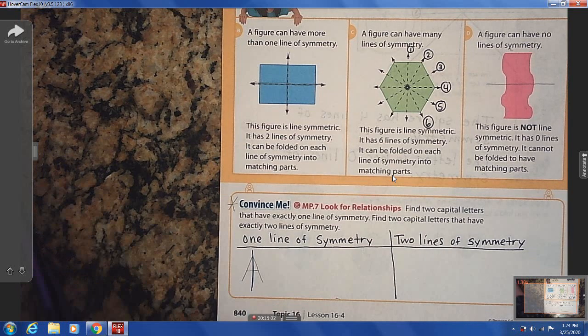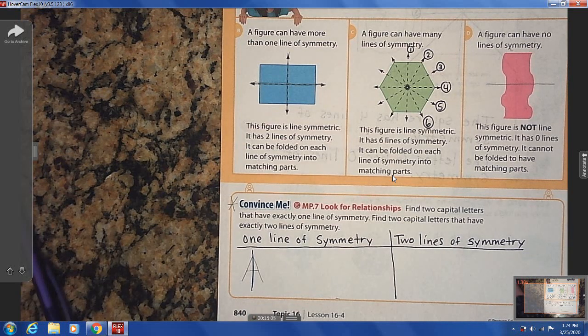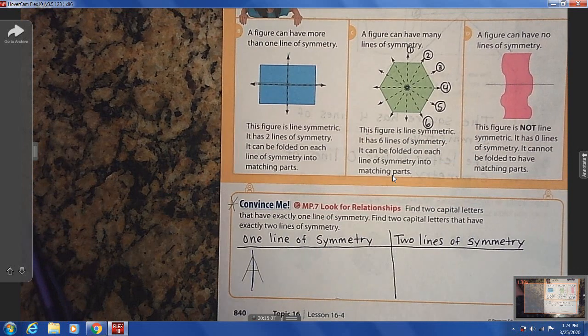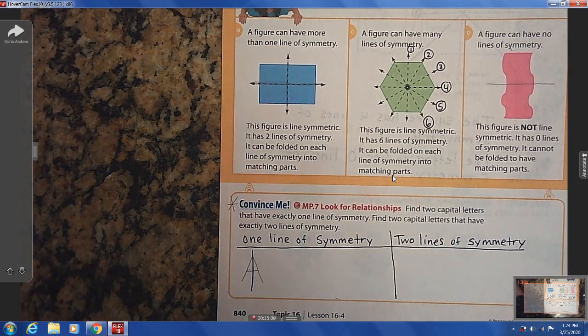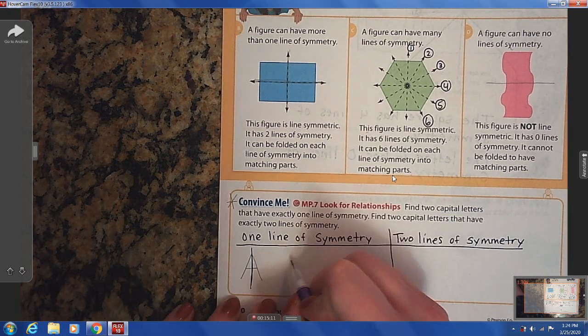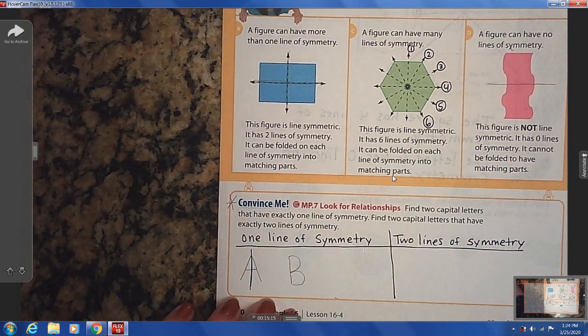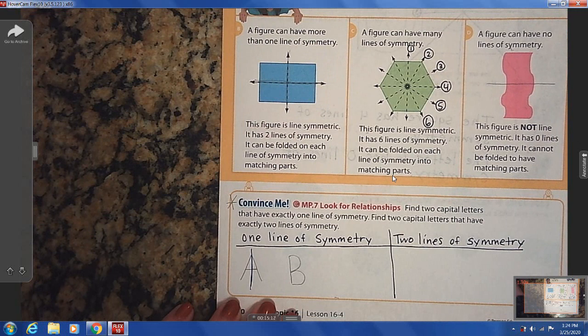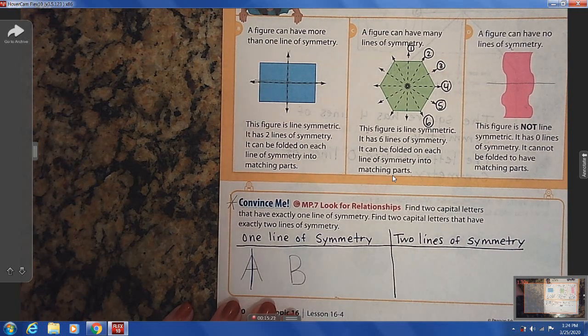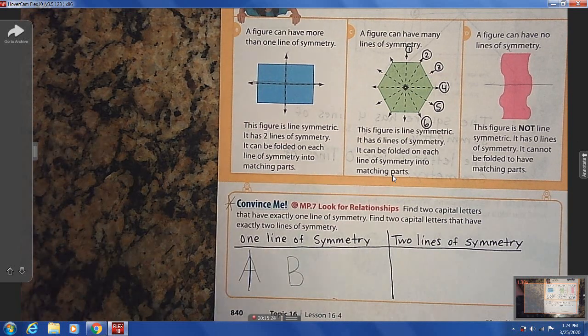The next letter that I thought of in the alphabet was B, because it comes after A. So in my head, I pictured it, and then I'm like, okay, I'll sketch it out. Now, if I drew the most perfect B in the world, then it would be the most perfect symmetry ever.